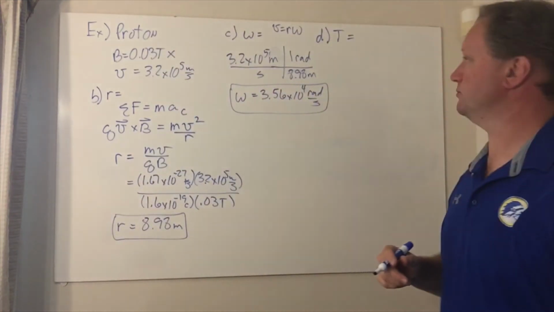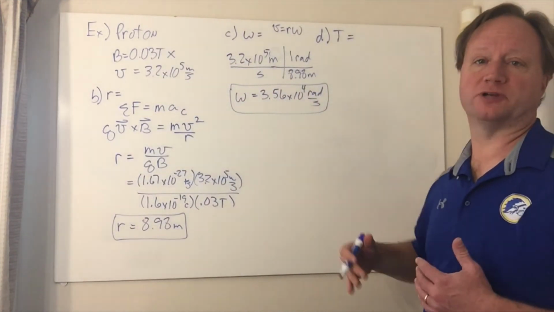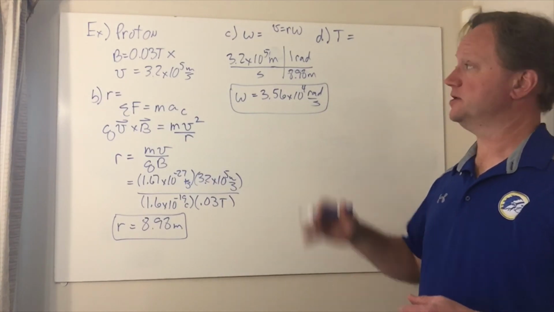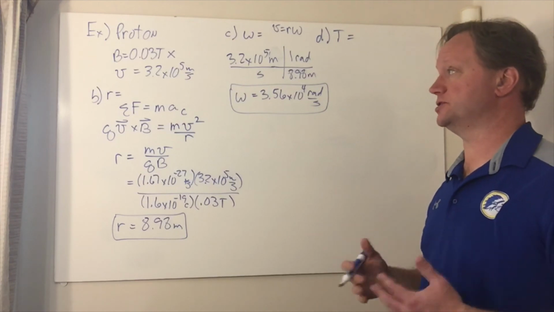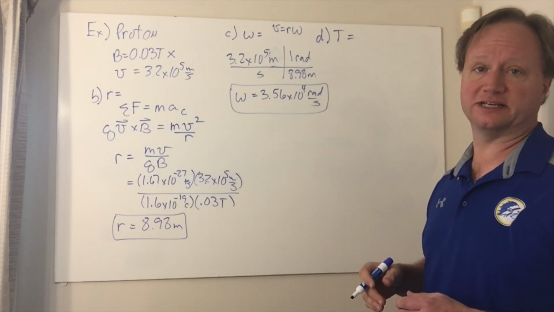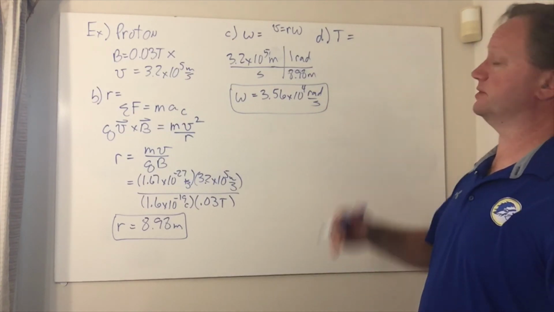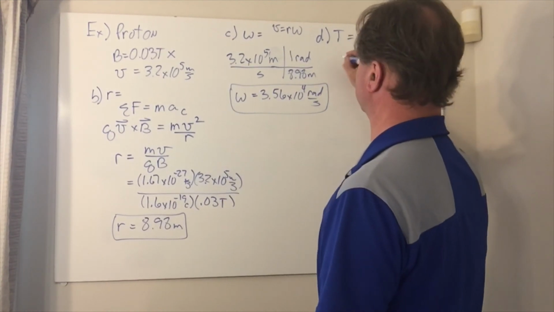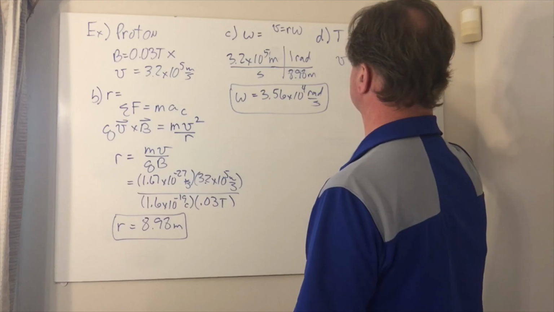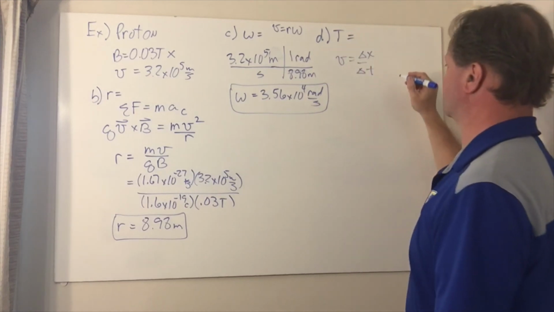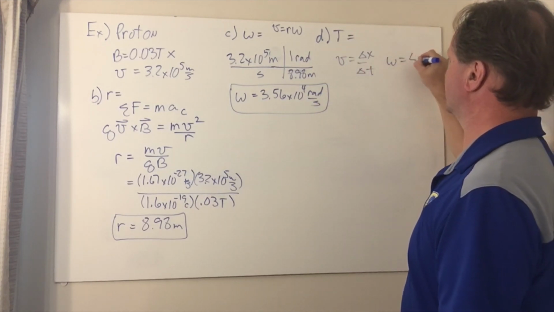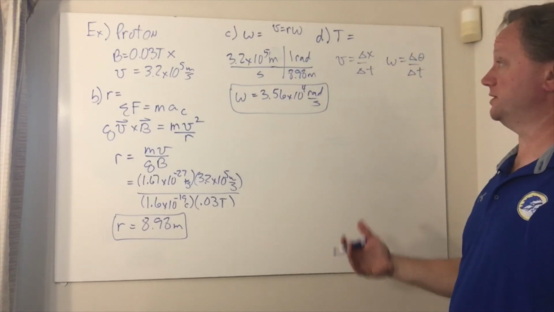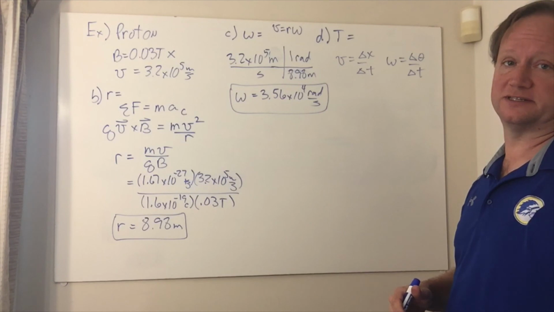In part D, we want the period. And basically what I'm trying to illustrate here is you can find various different things once you know what the charge is doing in terms of velocity in a given field. So then another thing we can calculate is the period. If we think of knowing either the velocity as delta x over delta t, or omega as delta theta over delta t. Either one, or you could even use a picket fence, okay?